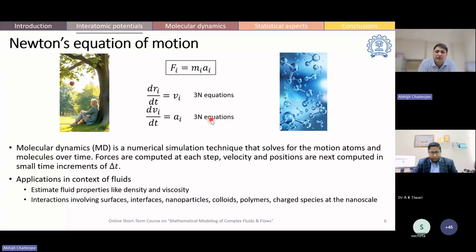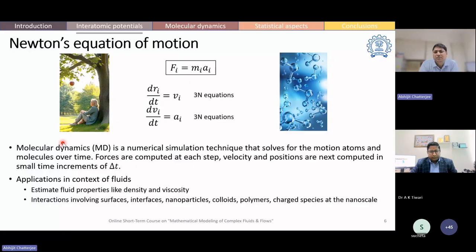So imagine if N were 1,000 atoms. At a time, we will be solving 6,000 equations simultaneously. And this is a fairly large exercise. And typically, one can reach up to a million atoms on the standard workstations which are available with each of us.